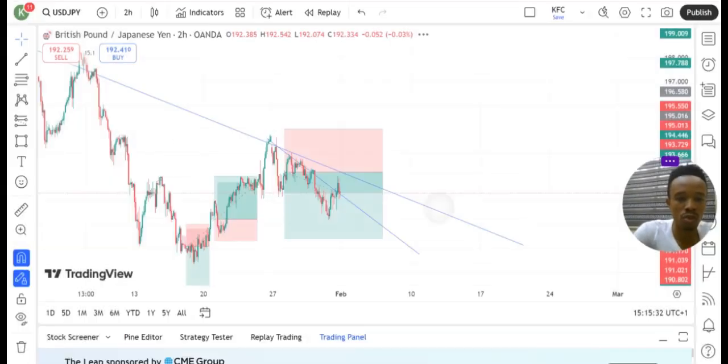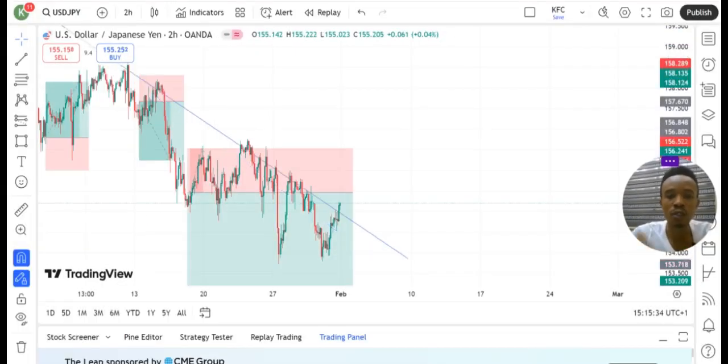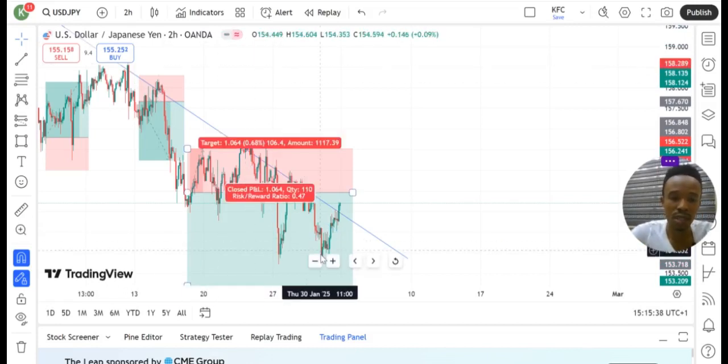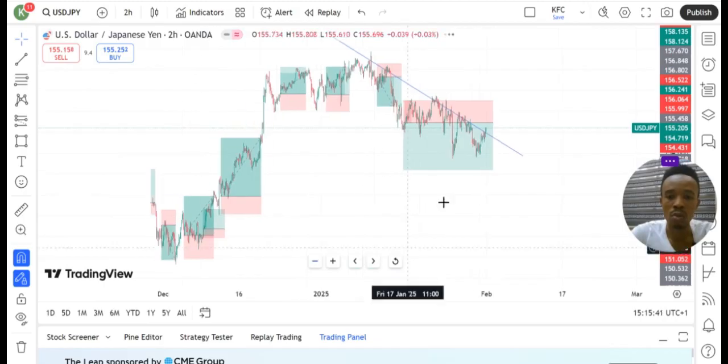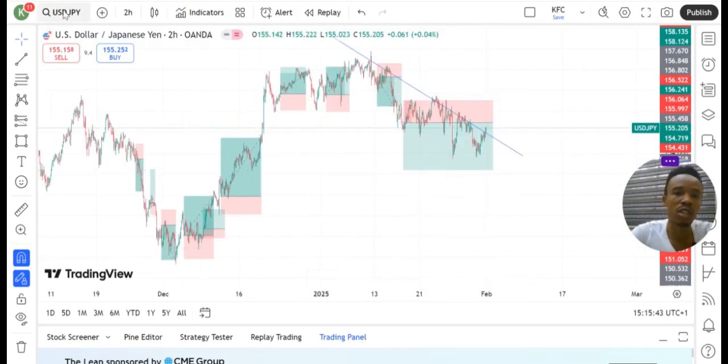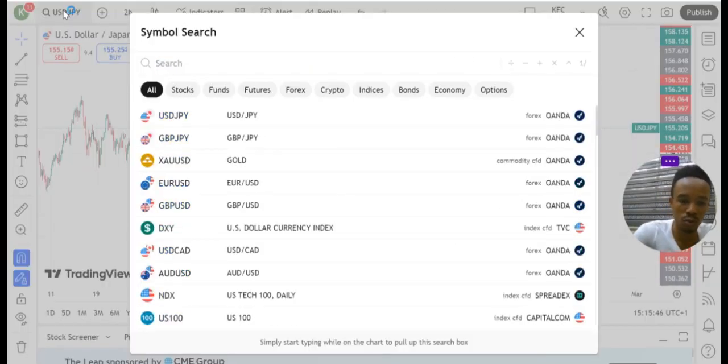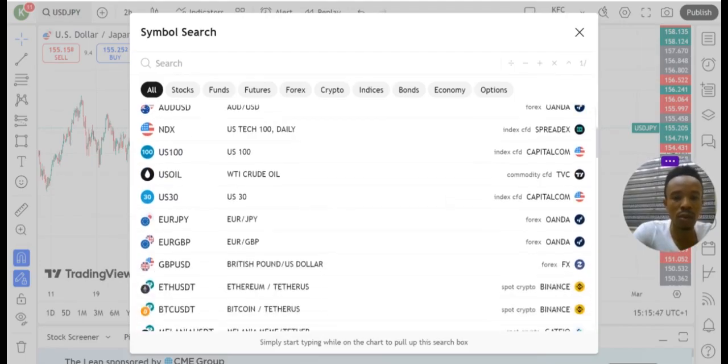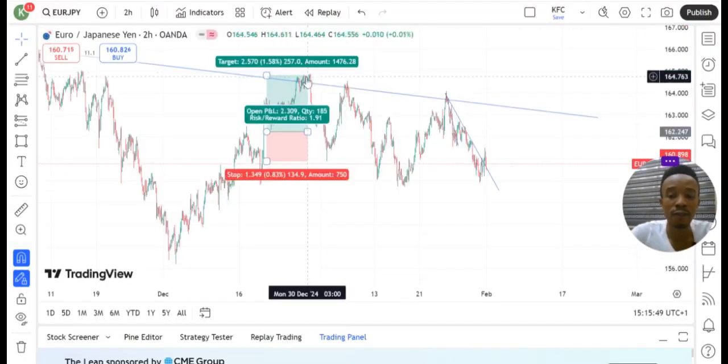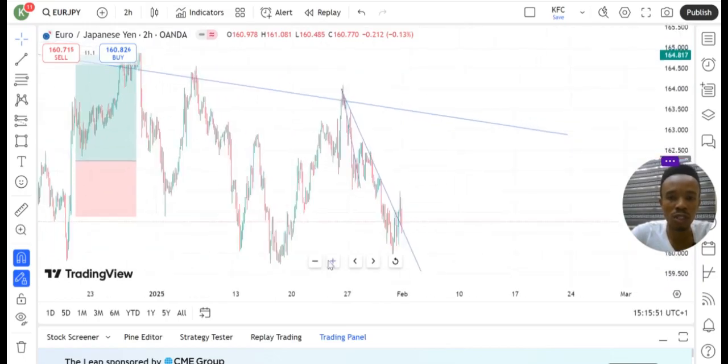And if we go straight to UJ, we find that I have drawn the bearish liquidity line, even though this got induced, but I'm expecting UJ to come straight to take profit before we begin to find a new entry for UJ.